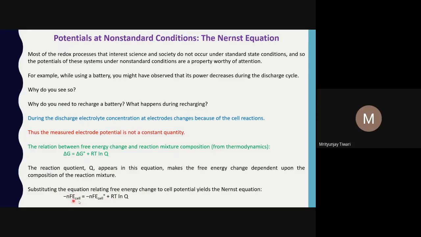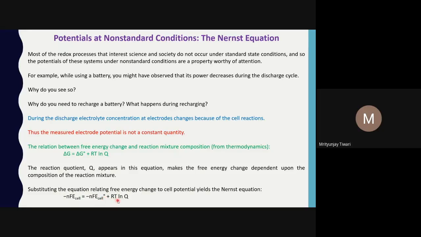If we divide this entire equation on both sides by minus nF, minus nF E cell divided by minus nF leaves E cell. On the other side, minus nF E naught cell divided by minus nF becomes plus E naught cell.